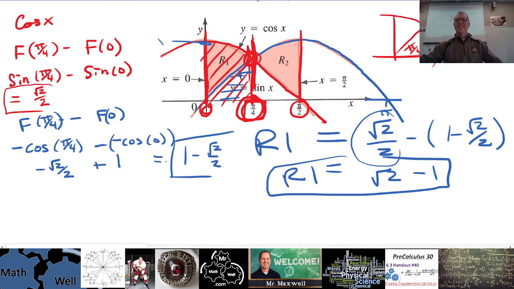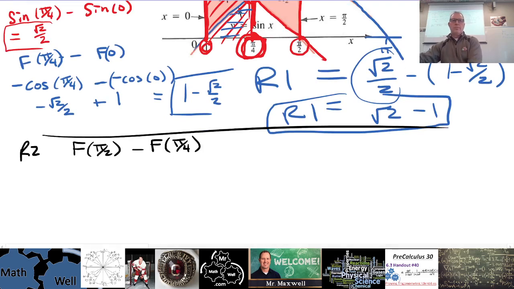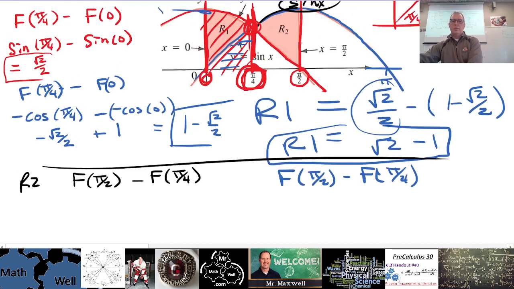Isn't that great? So now, from pi over 4 to pi over 2, I have sine being on top. Sine of x is the upper function there. So for R2, we're going to go capital F of pi over 2 minus capital F of pi over 4, and then also capital F of pi over 2 minus capital F of pi over 4 for the lower cos function.